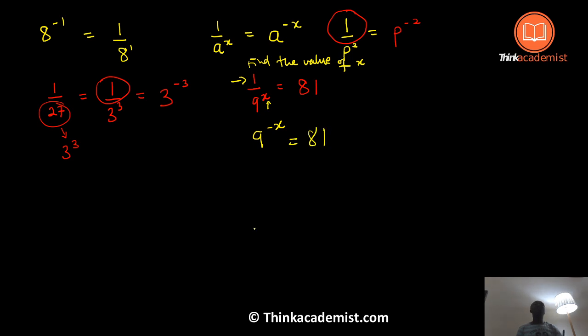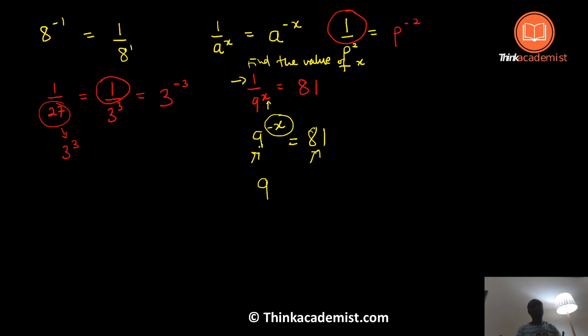Okay, now to go further to find the value of x, all I need to do is make sure that the base numbers are the same. And how do I get the base numbers to be the same? I get the base numbers to be the same by basically looking at the other number. It is 81.